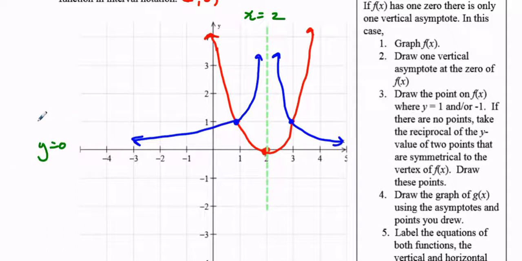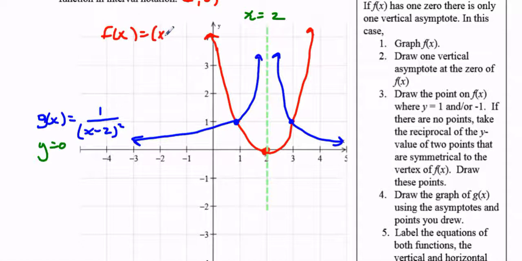So I know that this was the graph of g of x equals 1 over x minus 2 squared. Is that what it was? And this one then, the red one, is going to be just the graph of f of x equals x minus 2 squared. This is what I call a two-parter because there are two parts only to this graph.